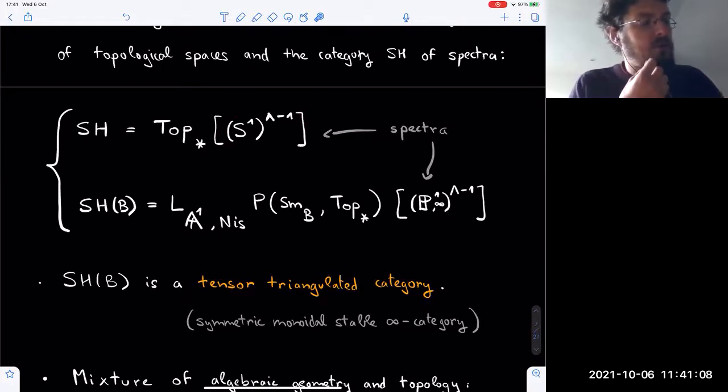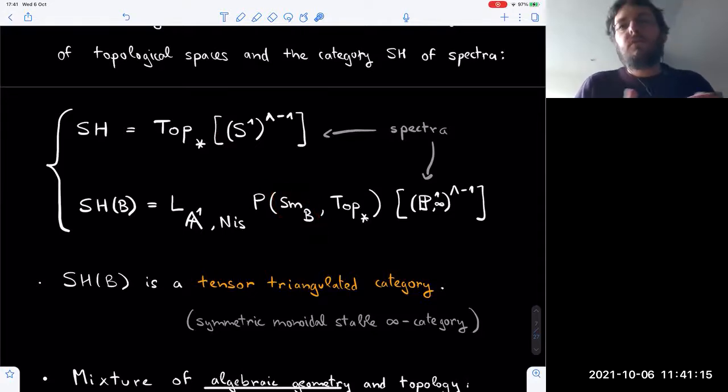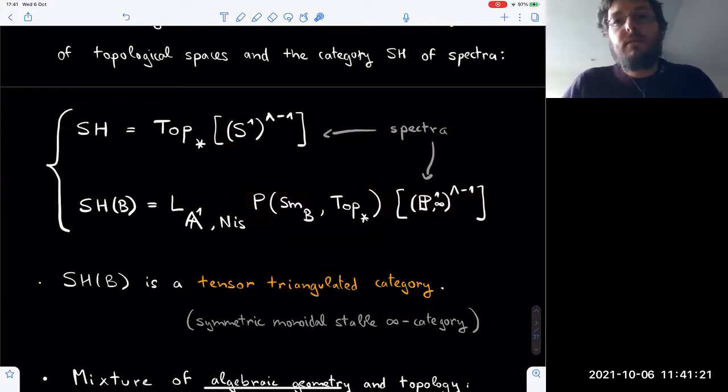And for the motivic analog, you start with the category of smooth schemes over the base. You look at presheaves of pointed spaces over that category of smooth schemes. Then you have to impose some conditions.